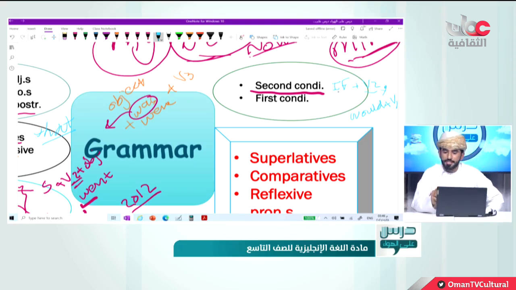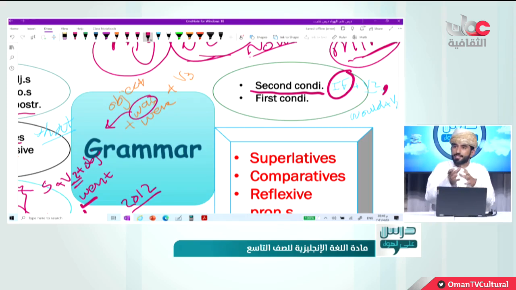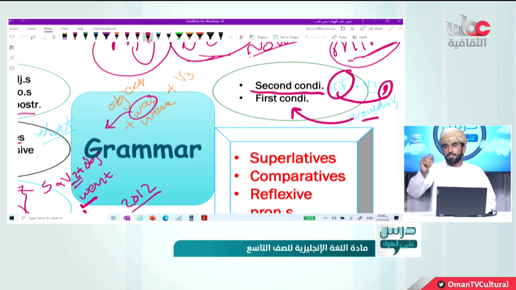If you start the sentence with if, then you have to have this comma. But what happens if we start by the second sentence, by would? We bring this first and we put this second. Yes, we get rid of the comma. Exactly. Thank you. And then you took something about first conditional.